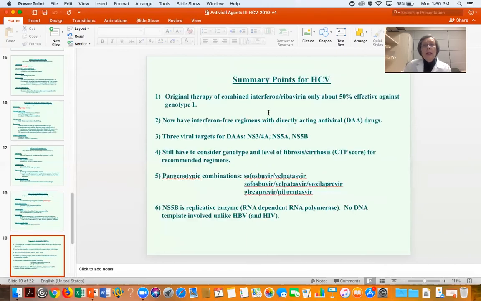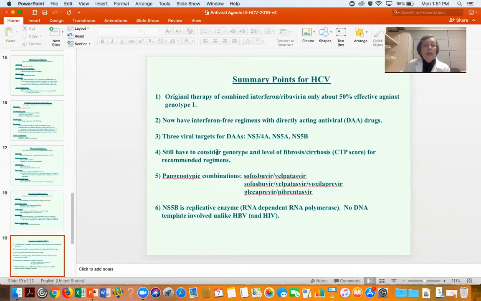So to summarize HCV, remember our original therapy was a combination of interferon and ribavirin, but the problem was that only about 50% of infections of genotype 1 responded to this therapy. So now, with a lot of effort, we have interferon-free regimens using direct-acting antiviral drugs. And we have 3 viral targets: the protease, NS5A, which is a replicative enzyme of some kind, and NS5B.